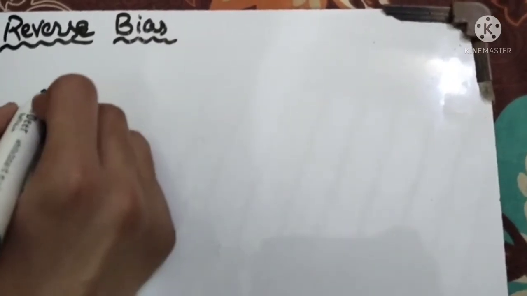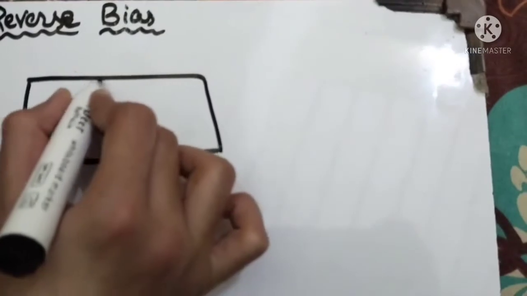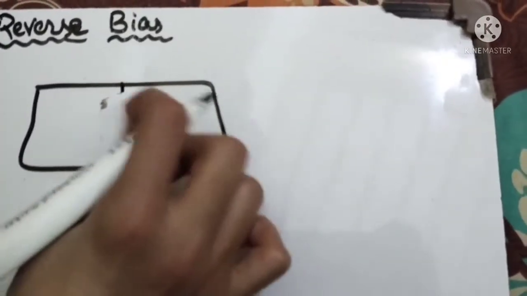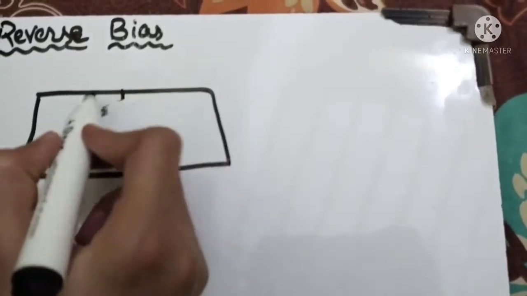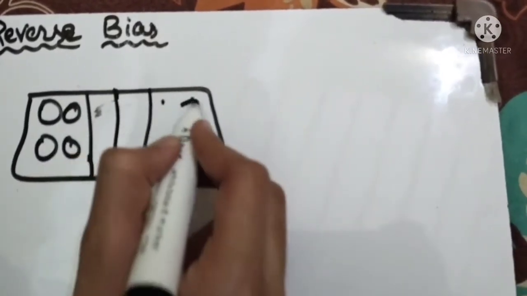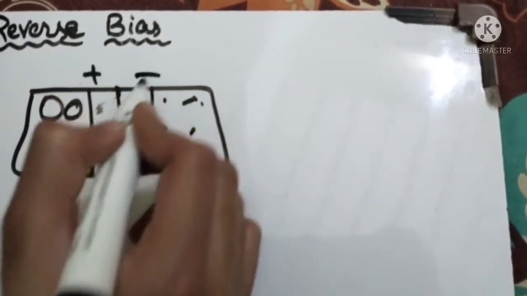Now what is reverse bias? So let's make a PN junction here. Here are holes, here are electrons, here is a positive charge, here is a negative charge.